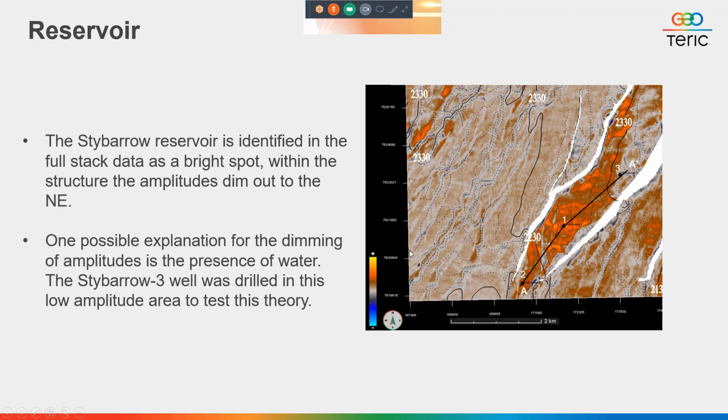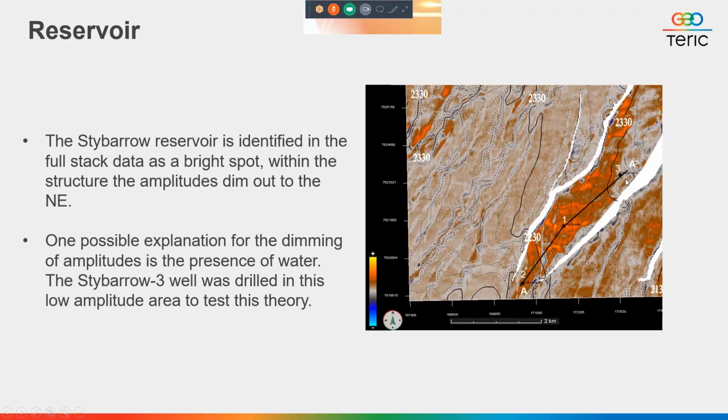This is the top of the reservoir horizon mapped with the amplitude extraction, so you can see the dimming of the amplitudes on the down-dip section of the reservoir, and the number 1 well, which was the discovery, the number 2, and the proposed location for the number 3 right after the dimming of the amplitudes. So the theory is that this dimming of the amplitudes is due to the presence of water. So that's why they chose that location to test the oil-water contact.